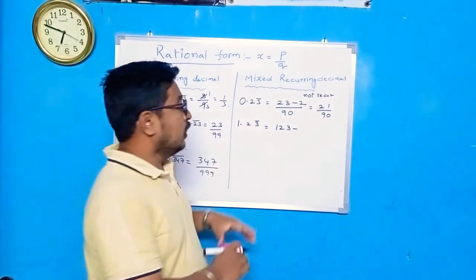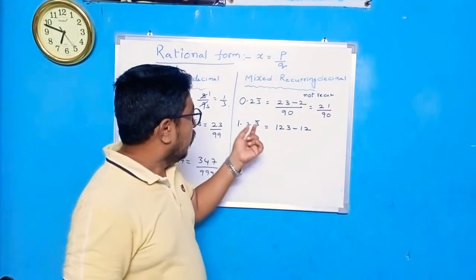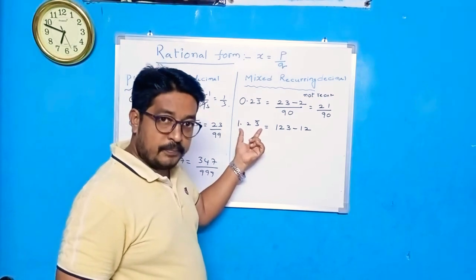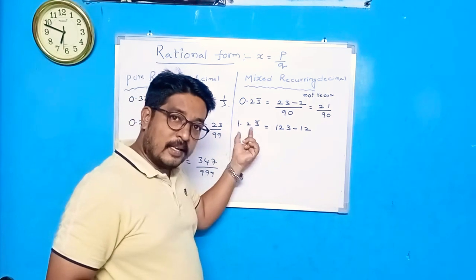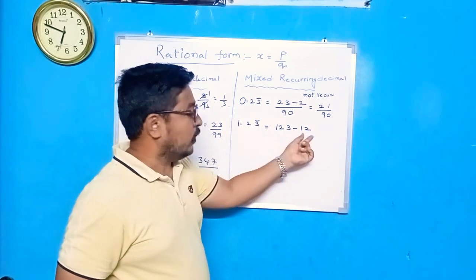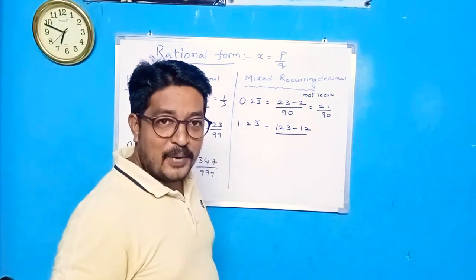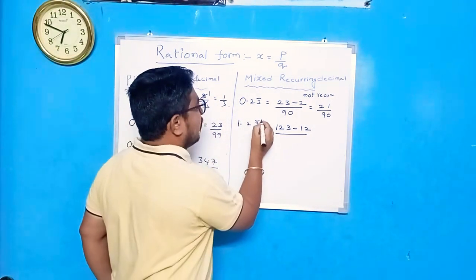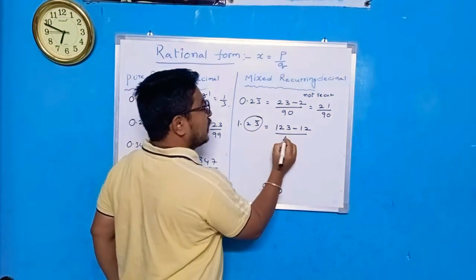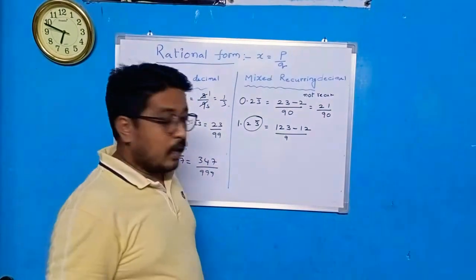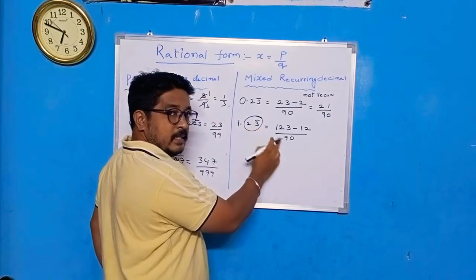Total digits 1 2 are not recurring. So 123 minus 12. In the denominator after the decimal, recurring part is 9, non-recurring part is 0. 1 is recurring, that is 9.